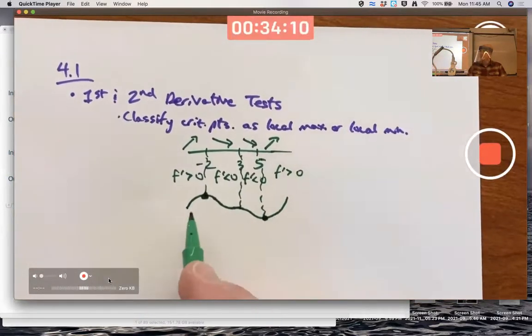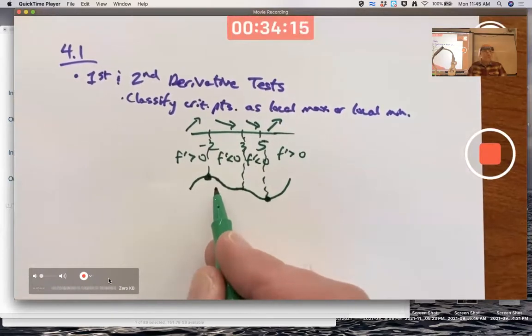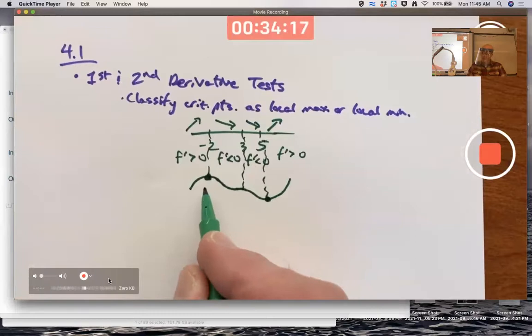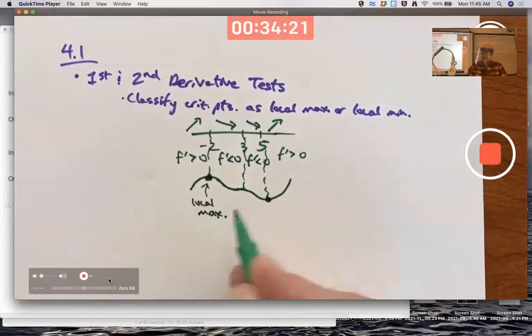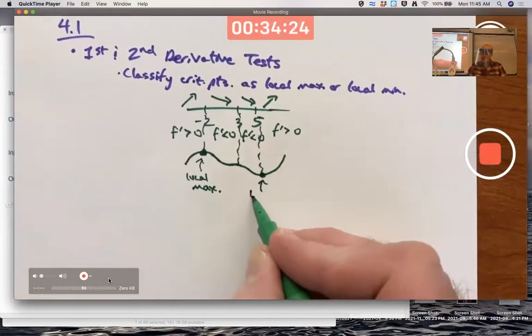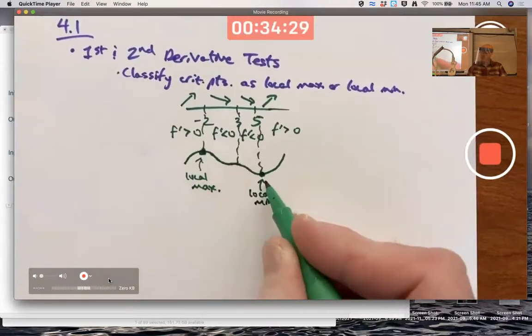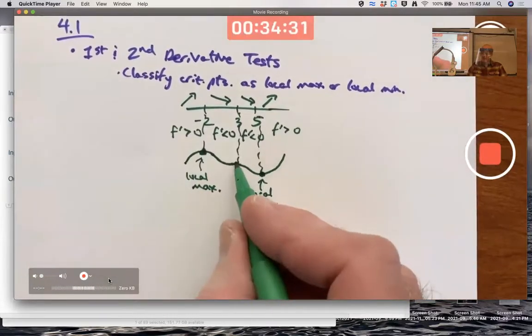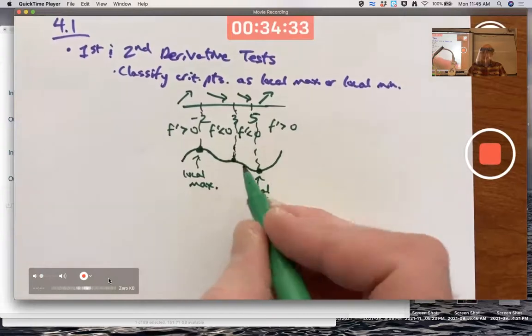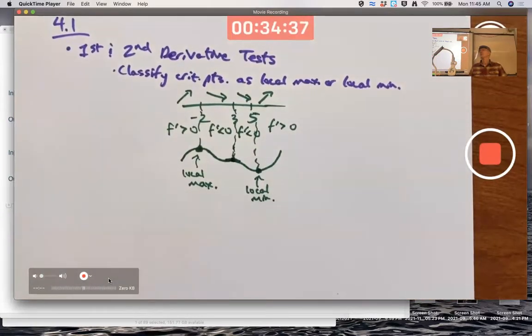When the derivative changes sign from positive to negative as you pass through a critical point, it's got to be a local max. And if it changes sign from negative to positive as you pass through a critical point, that's got to be a local min. Top of a hill, bottom of a valley. This critical point right about there is neither a local max nor a local min, and the derivative is not changing sign.